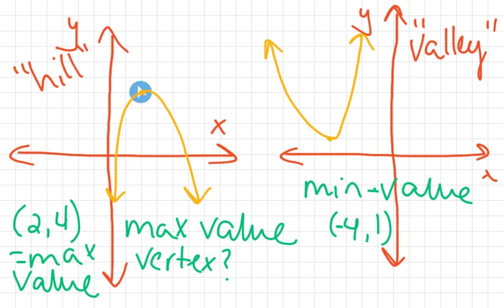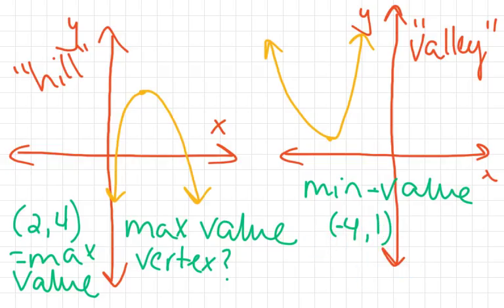Only the maximum exists. Same goes for this graph. This goes on forever and ever in the positive direction. But this is the lowest point, or the minimum point of the graph. Nothing else exists beyond that. So that's why we call it the minimum.